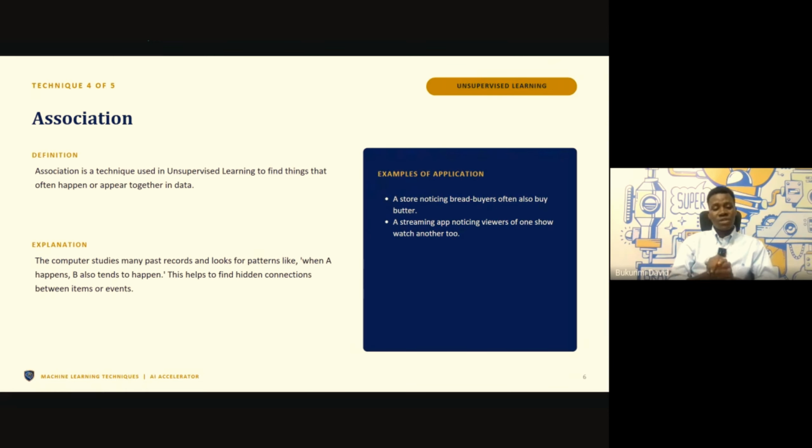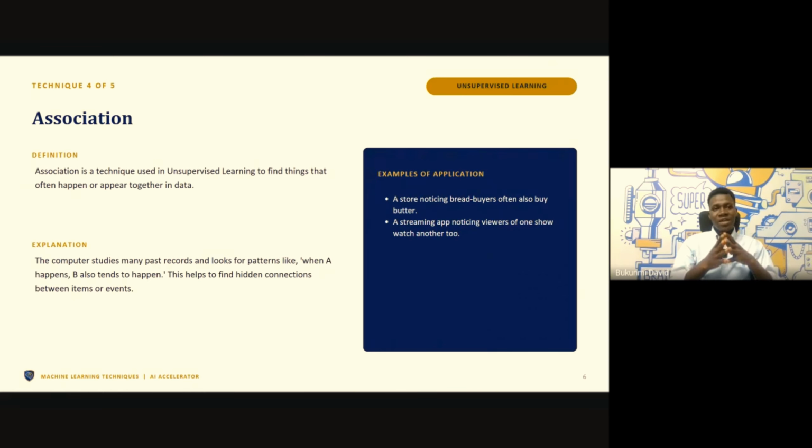The next technique we'll be defining is association. Association is a technique used in unsupervised learning to find things that often happen or appear together in data. So for example, we can feed an AI model with a large data of different kinds of food, and it begins to associate food that go together. So it could pick bread and then associate it with coffee, associate it with butter, and so on and so forth.